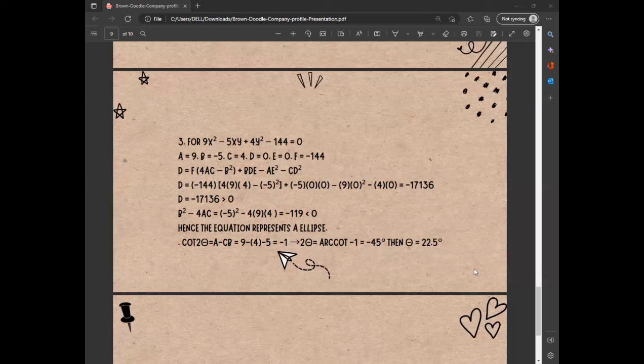So, cotangent 2 theta is equal to (a minus c) over b is equal to (9 minus 4) over negative 5 is equal to negative 1. So, then 2 theta is equal to arc cot negative 1 is equal to negative 45 degrees. Then, hahatiin natin, theta is equal to negative 22.5 degrees. It should be negative, nakalimutan ko na siguro ng lagyan. So, sorry for that again.